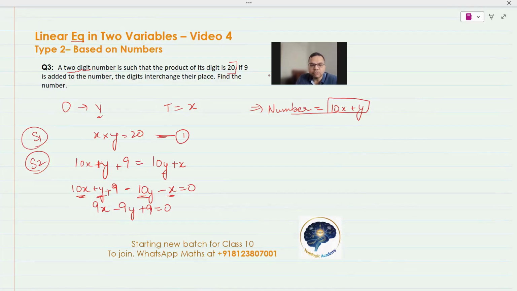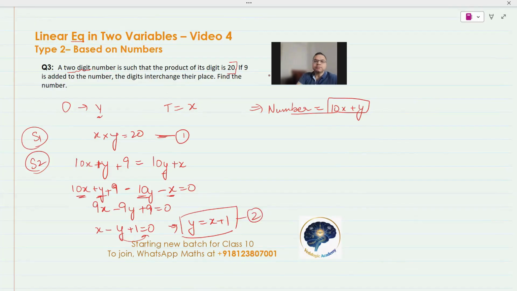And again, I'll take 9 common from here and divide the whole thing by 9. Okay, it becomes x minus y plus 1 equals 0. Or I can say y equals x plus 1. Because I've taken this y to the right hand side, therefore y equals x plus 1. So this becomes equation 2 for us.